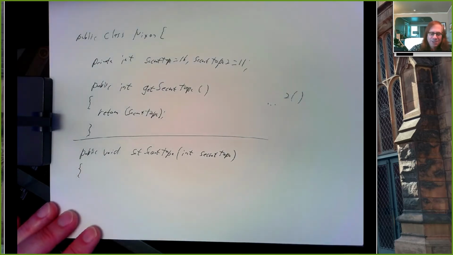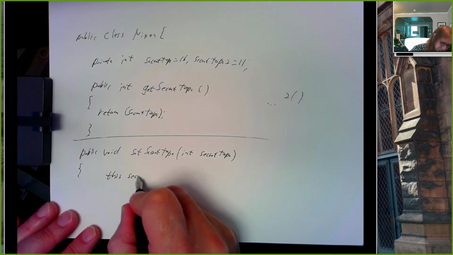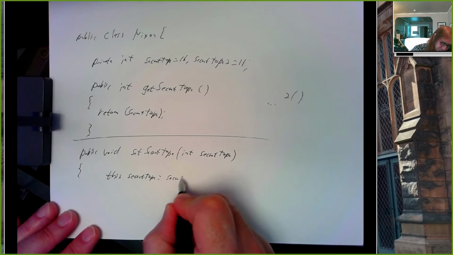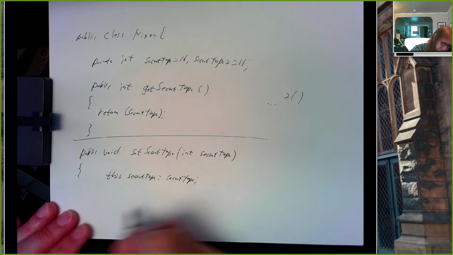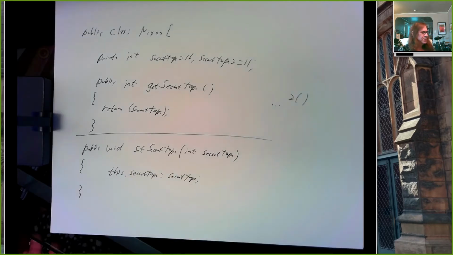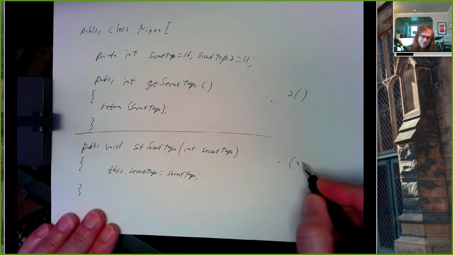And then here's where we can use the this keyword to good effect. This dot secret tape equals secret tape. But if you don't like this, you can call this x and just say secret tape equals x. And then do the same thing for secret tape 2.